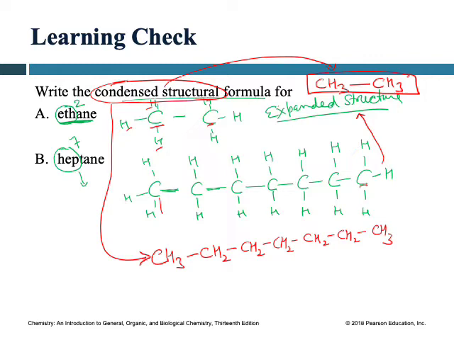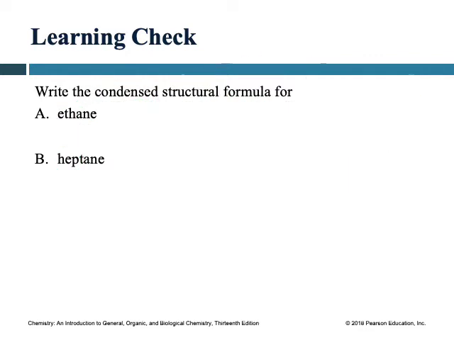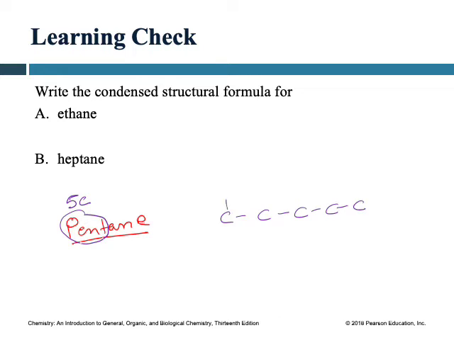And this is your expanded one. Okay, so let me give you one more example on this. Can we make a condensed structural formula for pentane? We know pent means 5 carbon, and we can make the expanded structure 1, 2, 3, 4, 5, and then put hydrogen.